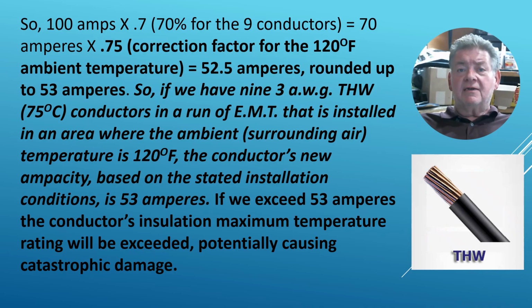Hopefully you can see that if you just went to the table and did not take the installation conditions into account, you could be running into trouble. You size it based on 100 amps when the correct ampacity under these conditions is 53. If we exceed 53 amperes, the conductor's insulation's maximum operating temperature will be exceeded, potentially causing catastrophic damage.